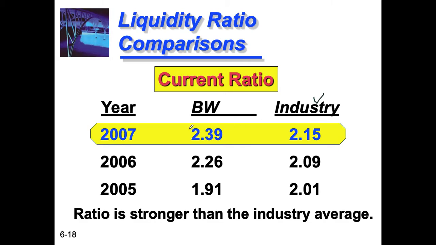For example, BW is 2.39 and the industry average is 2.15. So it means the ratio is stronger than the industry average. So the liquidity ratio of BW is better than the industry average.